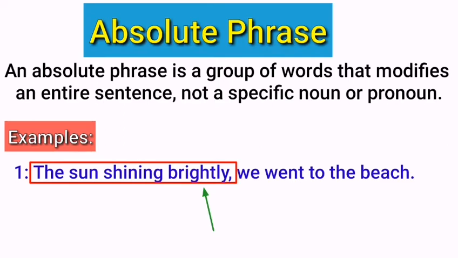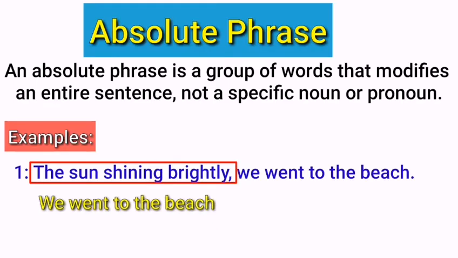Along with this point, if we take out this group of words from the sentence, then the sentence will still be able to give sense. Just look at: we went to the beach. You can see, without this group of words, this sentence still gives us complete meaning. Therefore, it is set off with a comma.